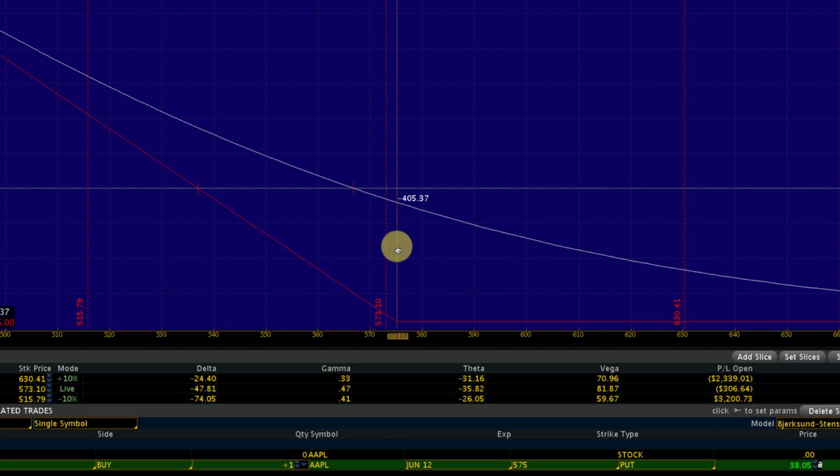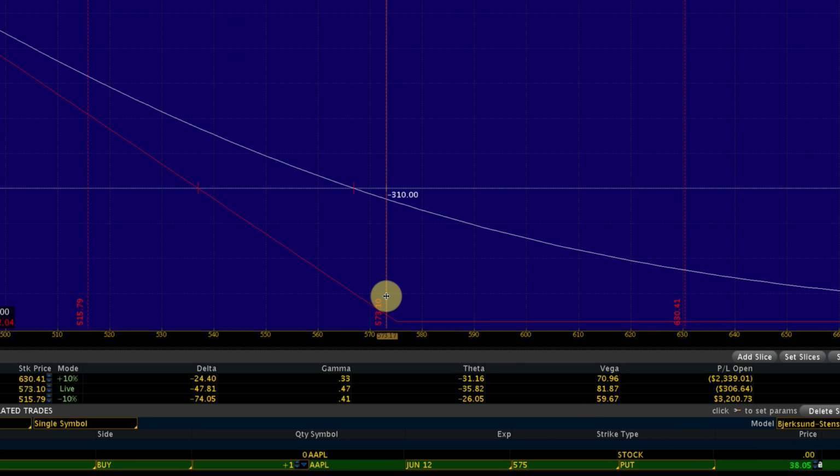On the other hand, if Apple goes down, because that's what your expectation is when you buy a put option, you're bearish on the stock. So if Apple goes down, you'll see that the white line starts to accumulate profits right away. But for the expiry line to work, you have to subtract the premium to get your break even. So the break even now is on this side of your strike price. That's because this is a put option, and this is your strike price of 575, and the premium you paid is 38.05.